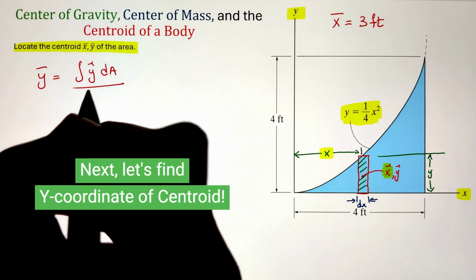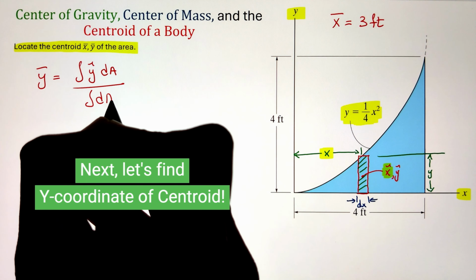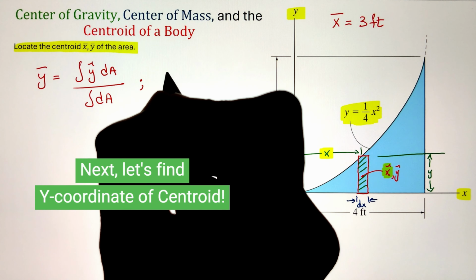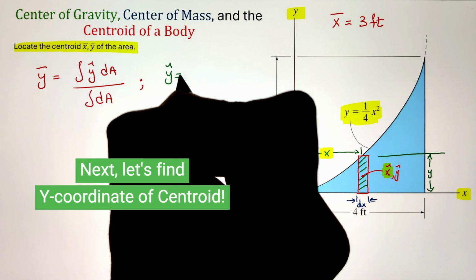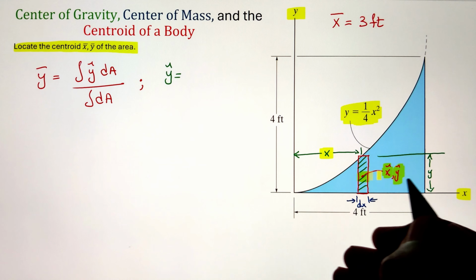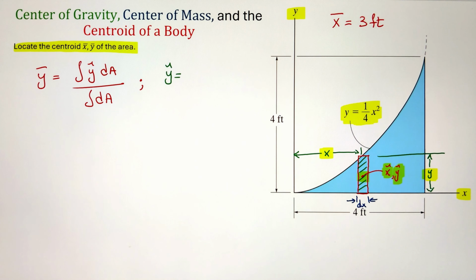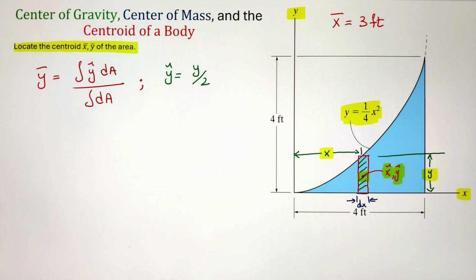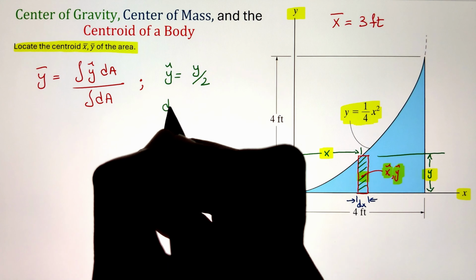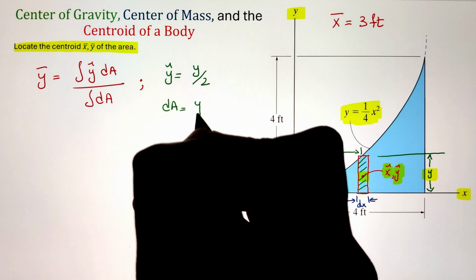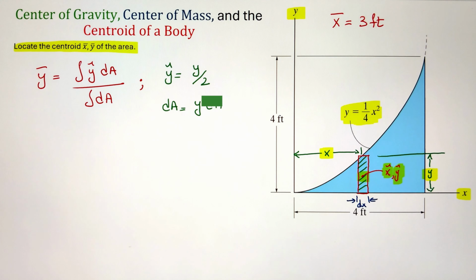Now, one thing to make sure is that we are identifying where the centroid of our differential element is present in terms of the coordinate system as represented in the figure. Since it is in the middle of our rectangular area, the y prime value will be equal to y divided by 2. Similarly, the area is still the same. dA is represented as y times dx.